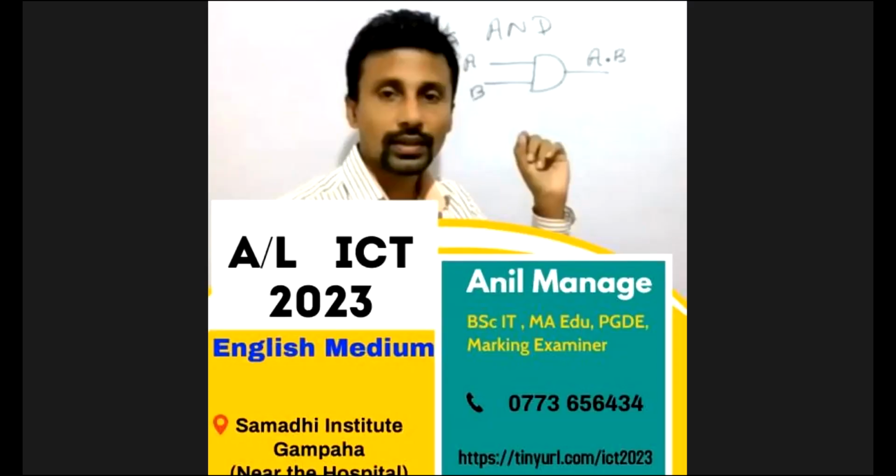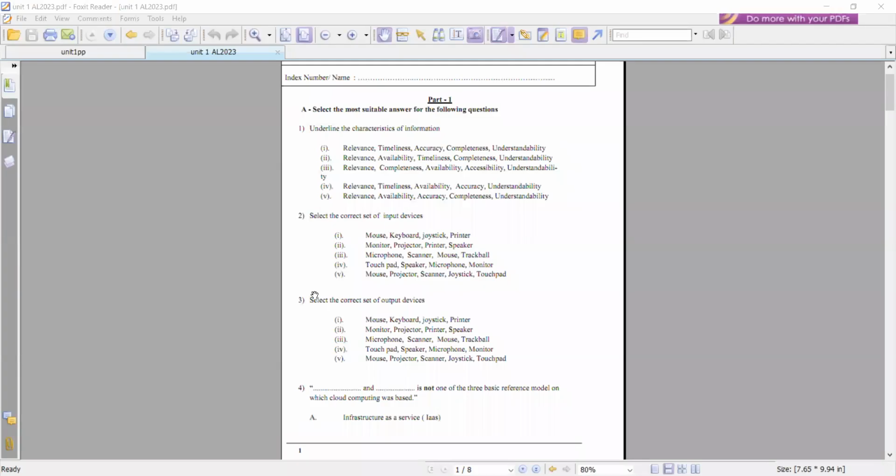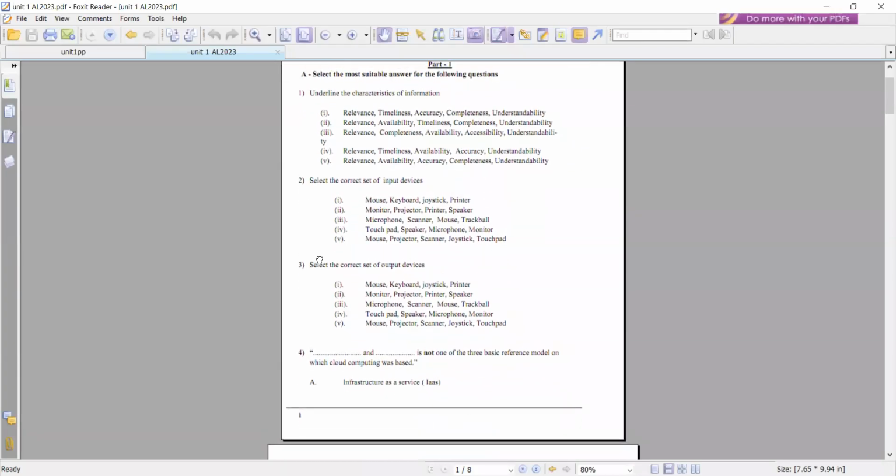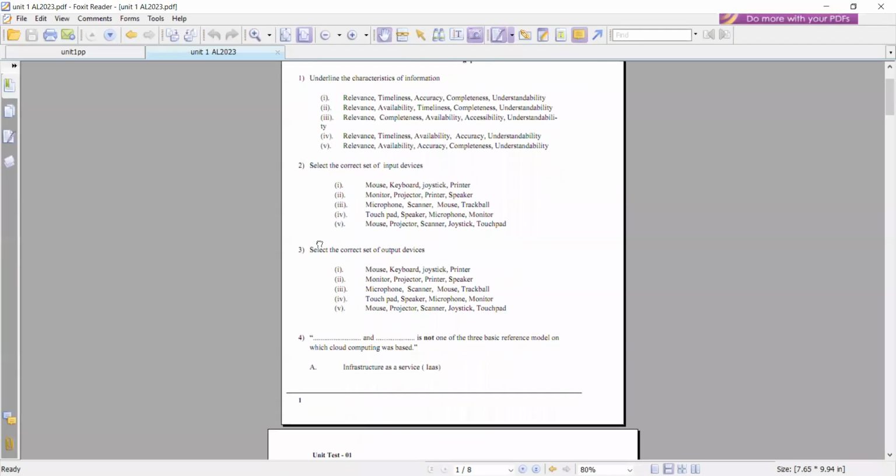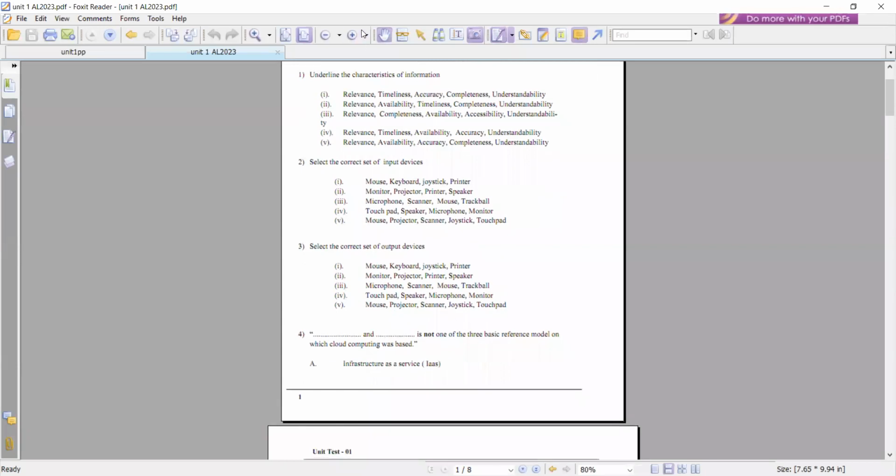I'm going to share another type of MCQ question. Now this is a live question. You have to answer it now. I think you can see up to the third question. After finishing that, raise your hand and I will drag it down.